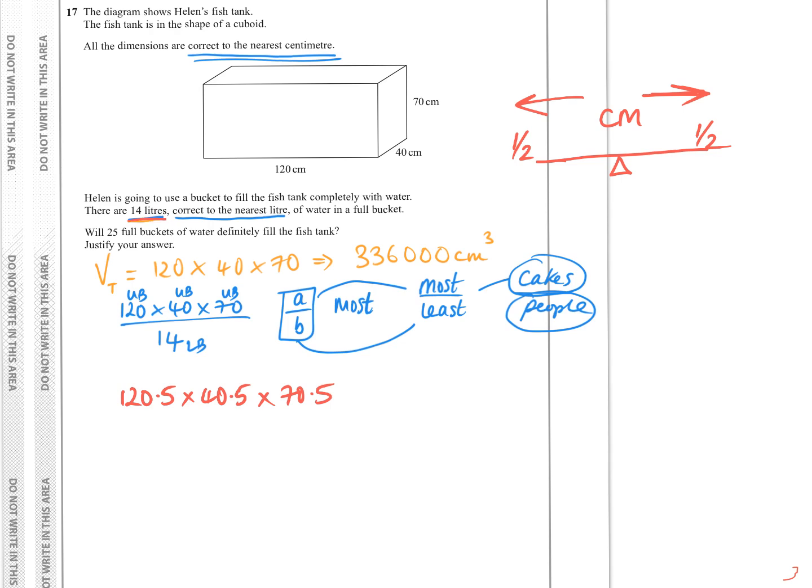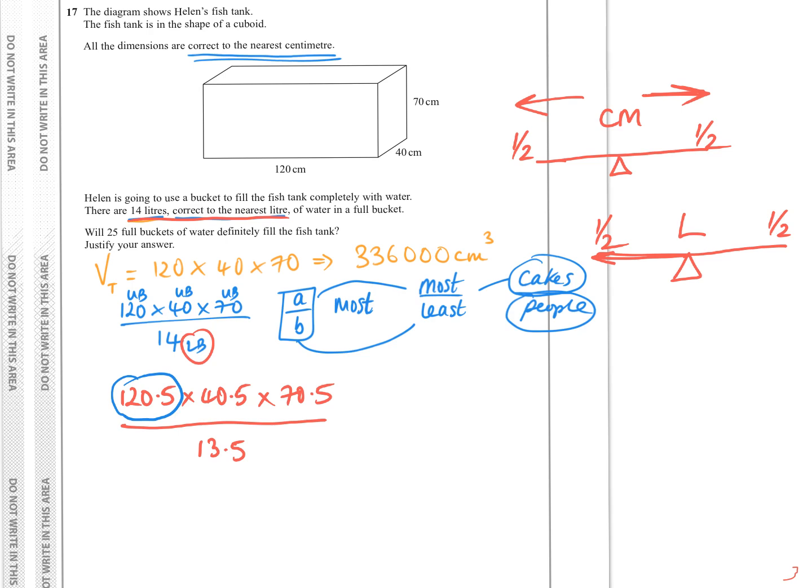And then in terms of litres, it's correct to the nearest litre, so we take the litre, split that in half, and we want the lower bound of that. So we want a half taken off, so we want 13.5. Incidentally, I know a lot of students say, hold on, 120.5 rounds to 121.